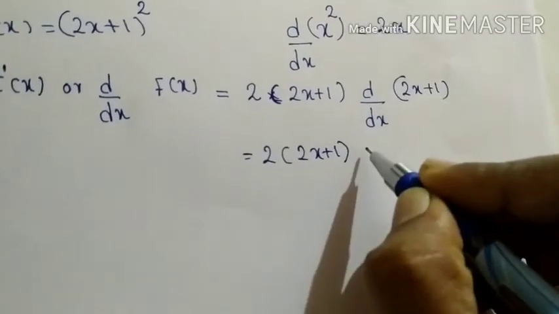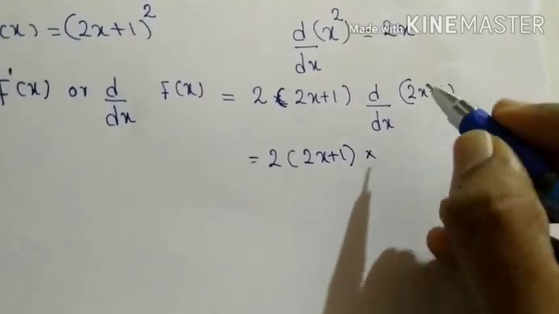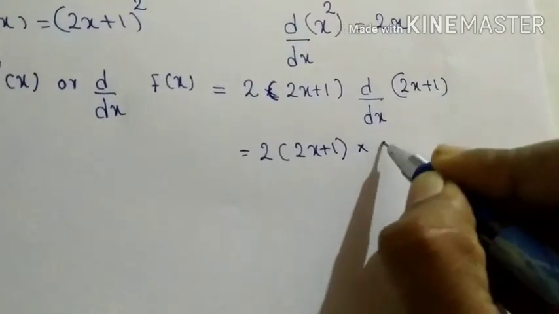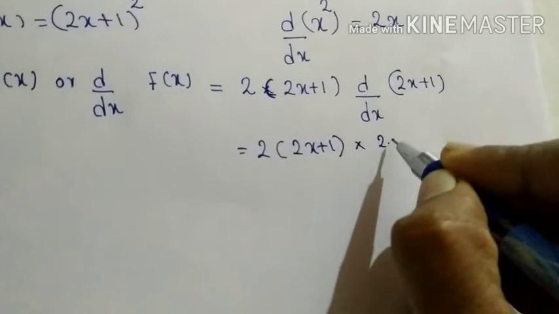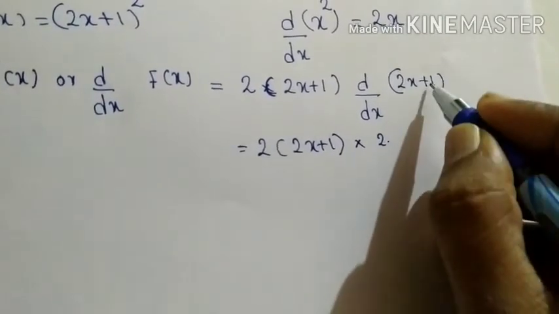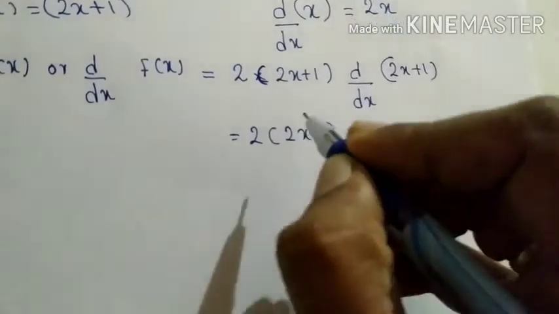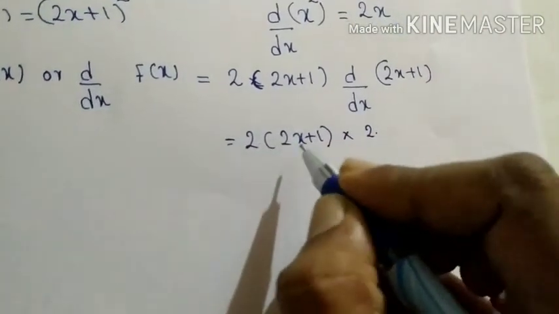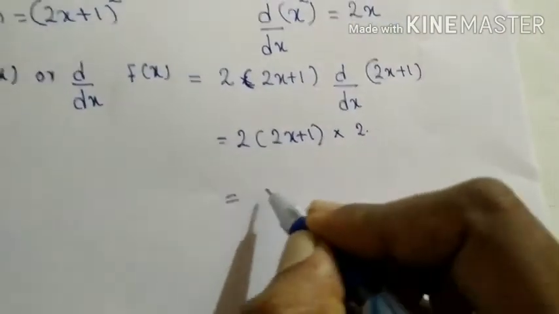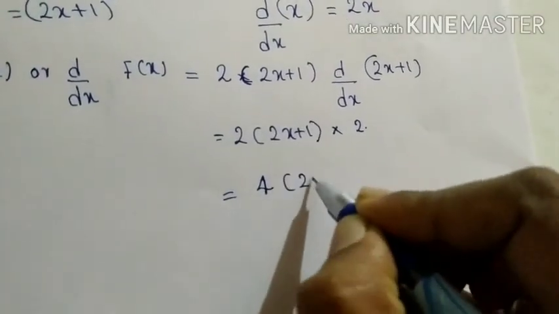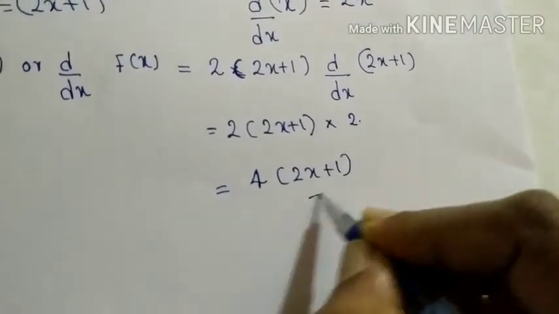So 2 into 2x plus 1 into the derivative of 2x, where 2 is a constant, and we know that the derivative of x is equal to 1. So 2 into 1 equal to 2. And the derivative of 1 is a constant, so it will be equal to 0. Finally 2 into 2 equal to 4. So we write 4 into 2x plus 1.